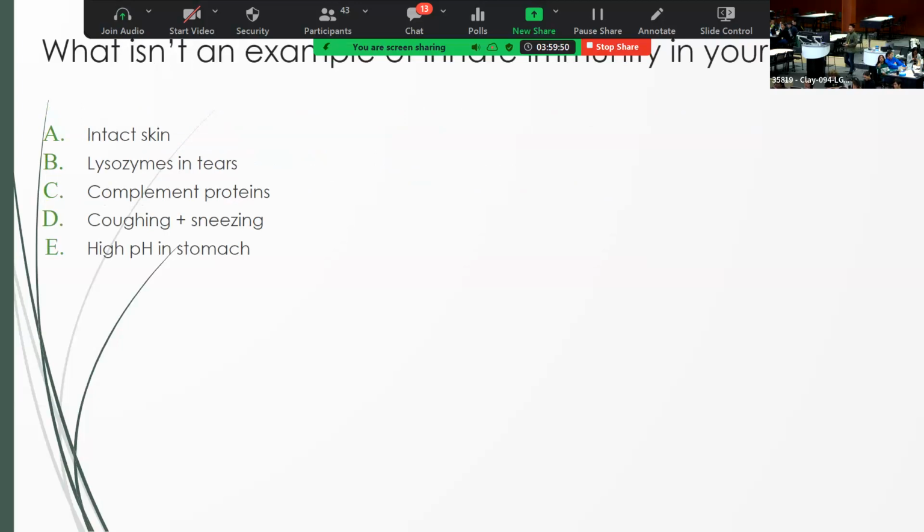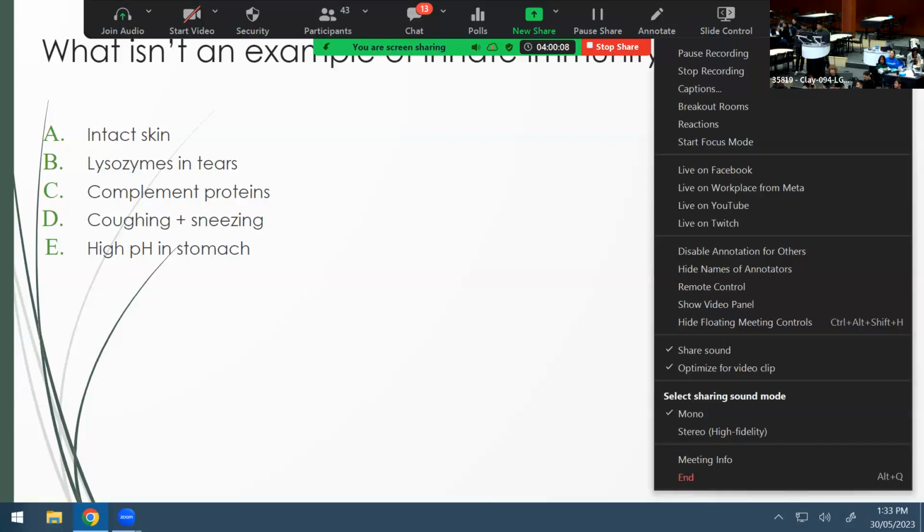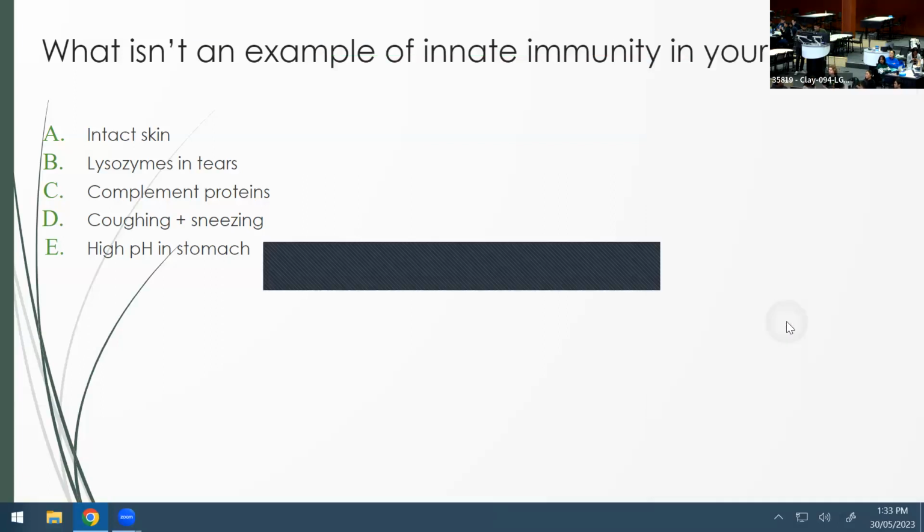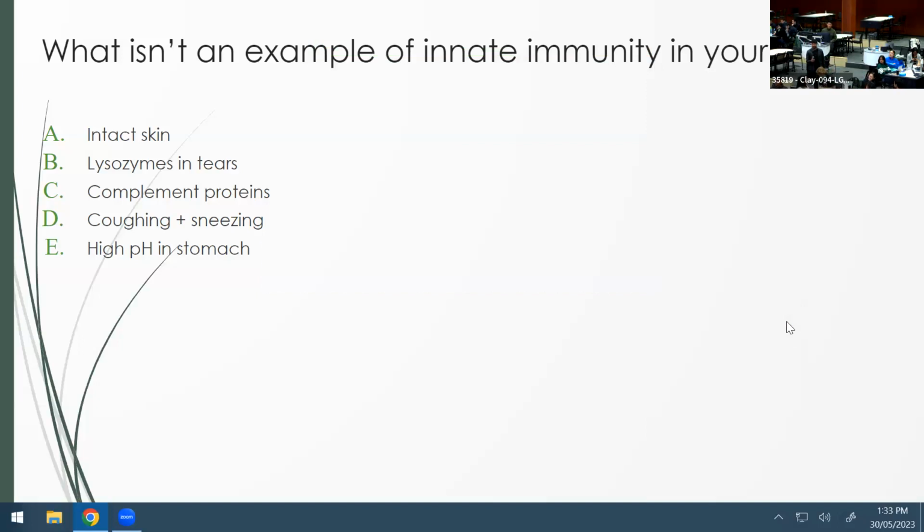Which one of the following is... Is there a way to get rid of that? Yeah, let me... Innate immunity, I think. Is an example of innate immunity. Does that work? We're going to choose this table over here.